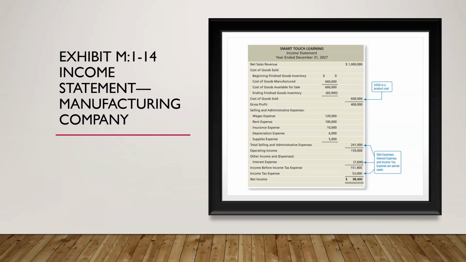Next, the period costs, selling and administrative expenses, are subtracted to determine net income. All of this to determine net income.